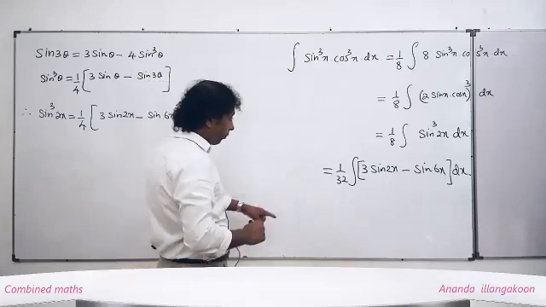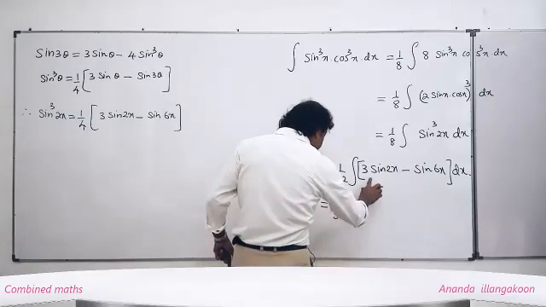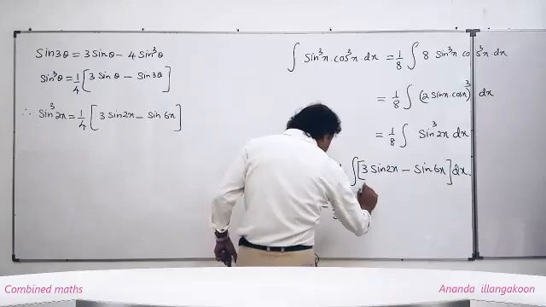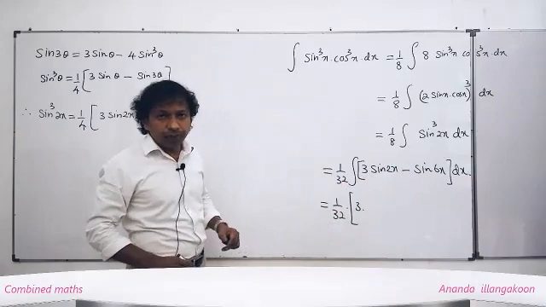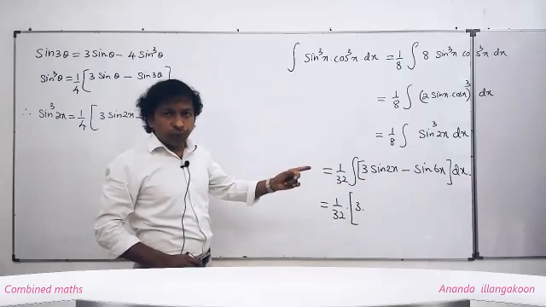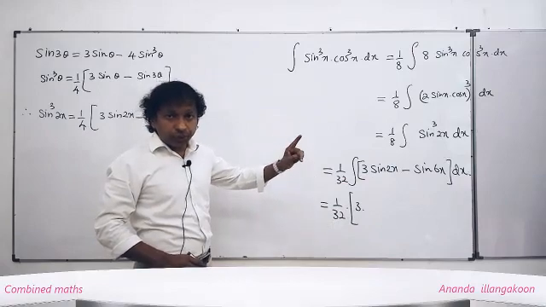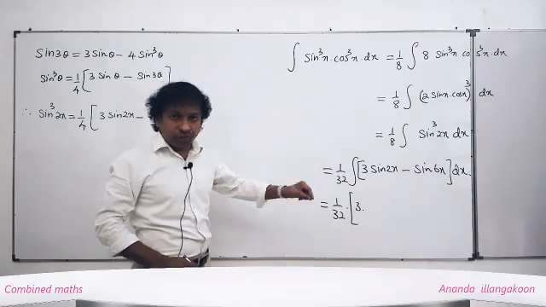Now integrate this. 1 upon 32 within bracket 3 times, people, what is the sine 2x integral? Sine x integral is minus cos x. Then sine 2x integral is minus cos 2x divided by 2. See, x coefficient by x coefficient we have to divide.